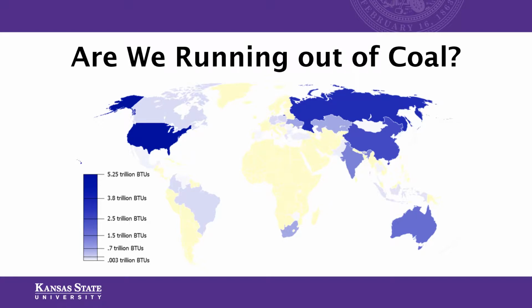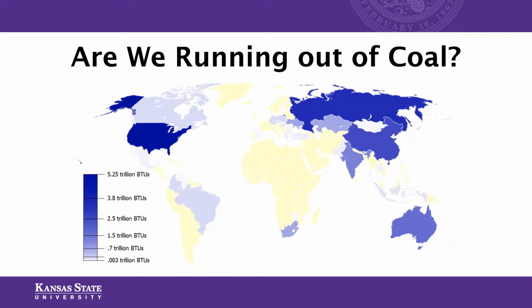The Paris Agreement, all of these things are putting a dent in the demand for coal. But in places like India and China and Southeast Asia, we're still seeing increased demand there, which is kind of offsetting the decline for coal in the United States and Europe.